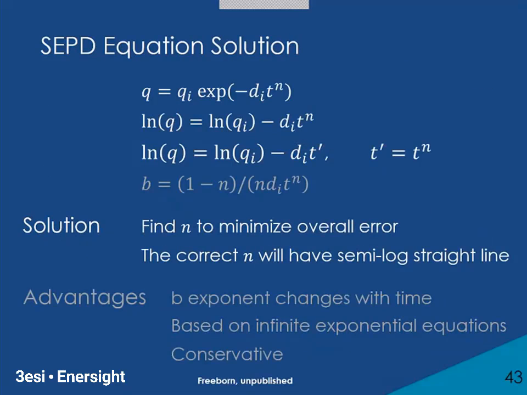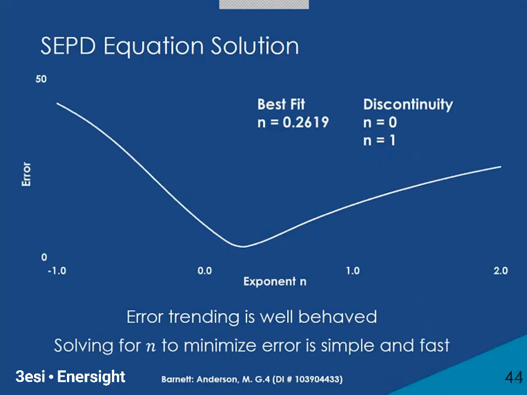So how would I solve this equation? So this is the same slide as before, but with different stuff grayed out. So the way I solve the equation is I just guess a whole bunch of values of n and plot it up and see which one gives me the least error, because it's really hard to find a straight line on some data. So when I do that, that's the error that I get in the rate data versus the value for n that I choose.